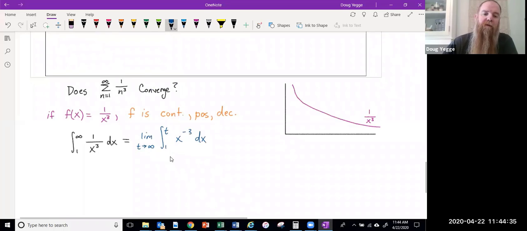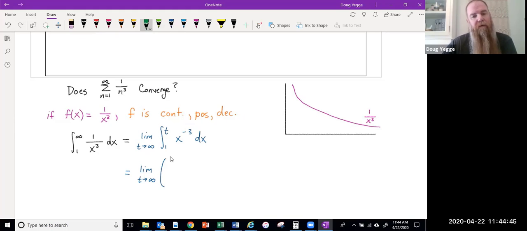Okay. Well, we can see at this point that this is still going to be a limit as t approaches infinity. But now when I integrate x to the negative 3, I get x to the negative 2 times 1 over negative 2. So I get the negative 1 over 2x squared.